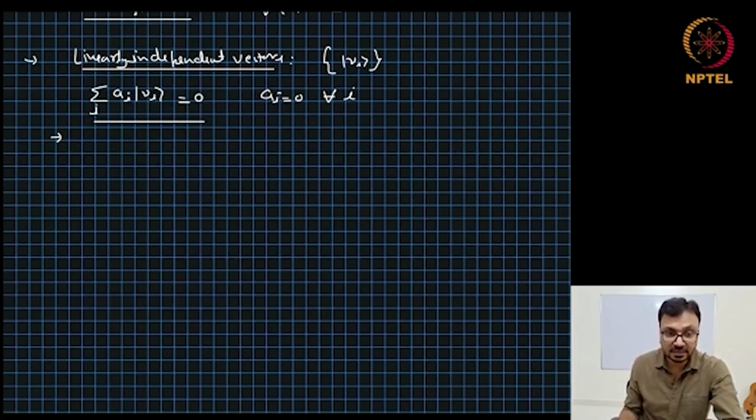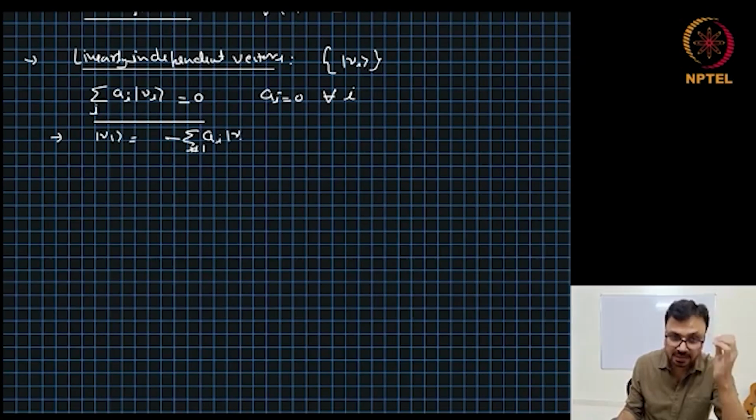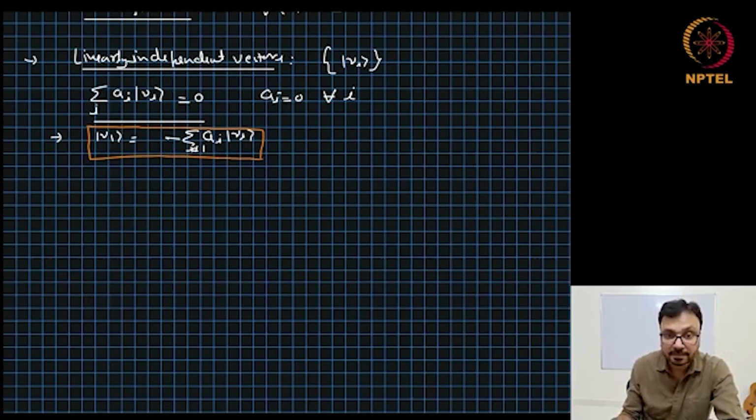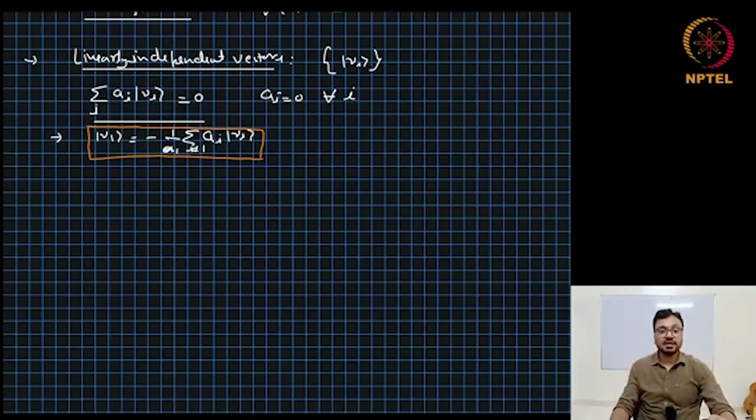So in that case, we can represent, let us say, V1 as minus sum over i not equal to 1 of ai Vi. So it means one vector out of all these vectors can be written as a sum of all the other vectors. So let us say a1 was non-zero, so it will be actually minus 1 over a1, and then sum over i, ai Vi.